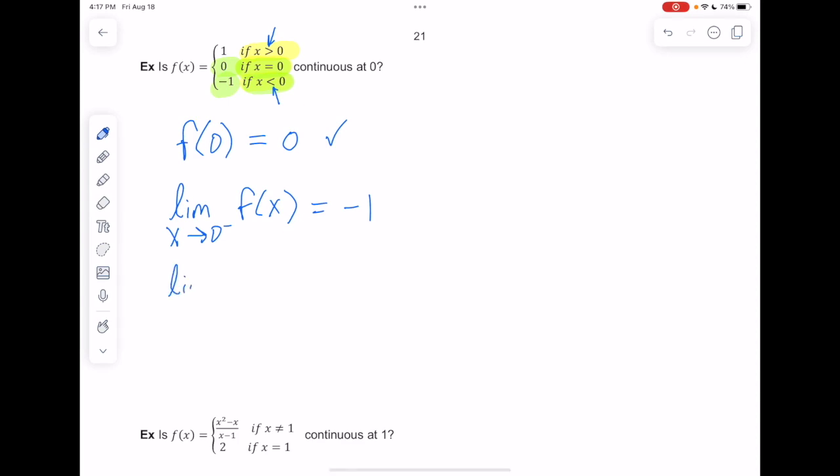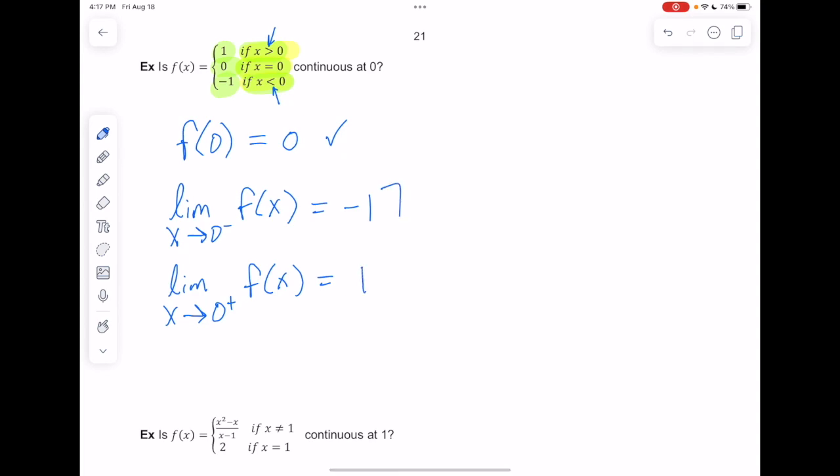So let's look at the limit from the other side. So what happens as x approaches 0 from the right-hand side of f of x? So if we're approaching 0 from the right, that means we're having x values that are bigger than 0. So now we're on this top branch where the value of the function is 1. So that would be a 1.